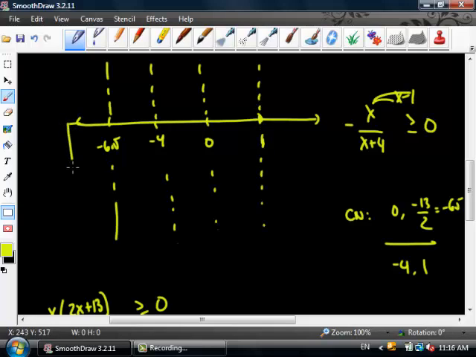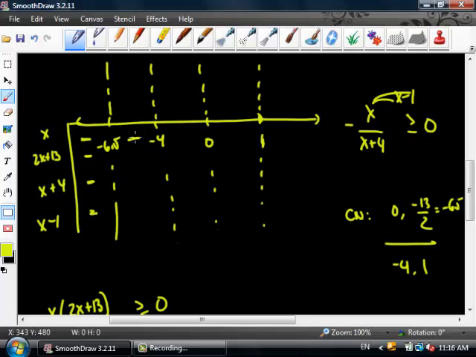All right. So my functions are x, 2x plus 13, x plus 4, and x minus 1. Negative a trillion is going to give me negative, negative, negative, negative. In between negative 6.5 and negative 4, anyone have a number between 6.5 and 4 on the negative side? Yeah, negative 5 sounds good.